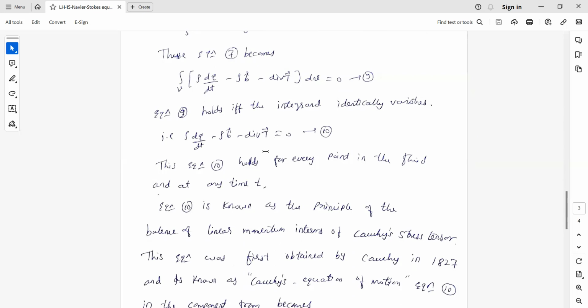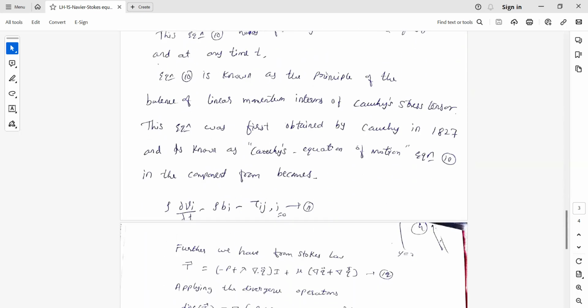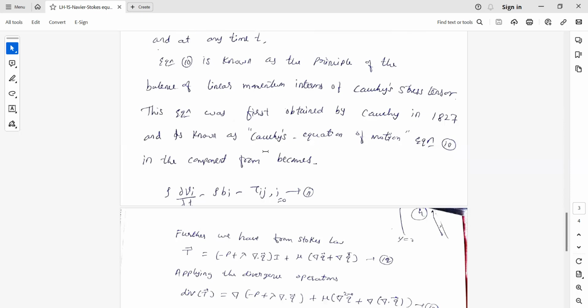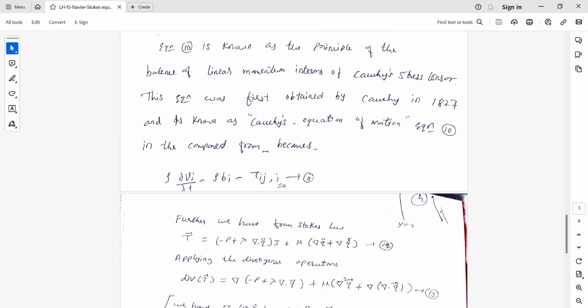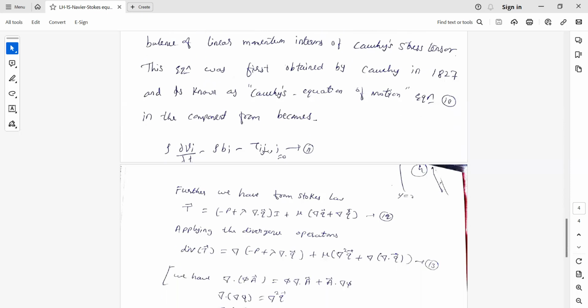This equation 10 is known as the principle of balance of linear momentum in terms of the Cauchy stress tensor. It was first introduced by Cauchy in 1827, and it is known as Cauchy's equation of motion. It can also be written in component form, given by equation 11.